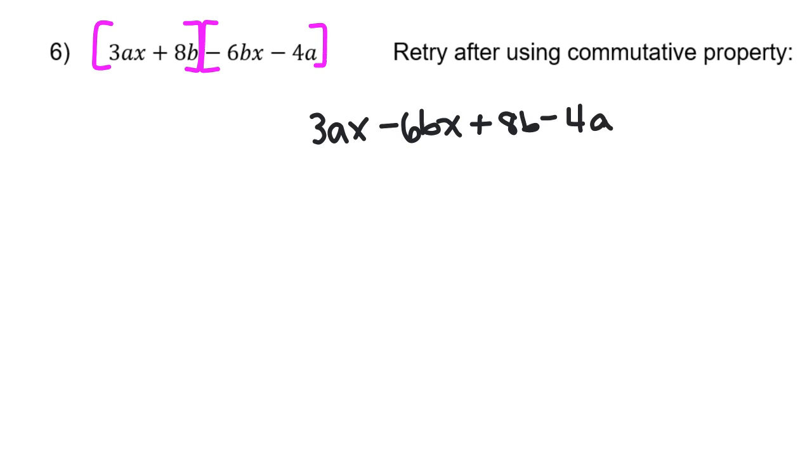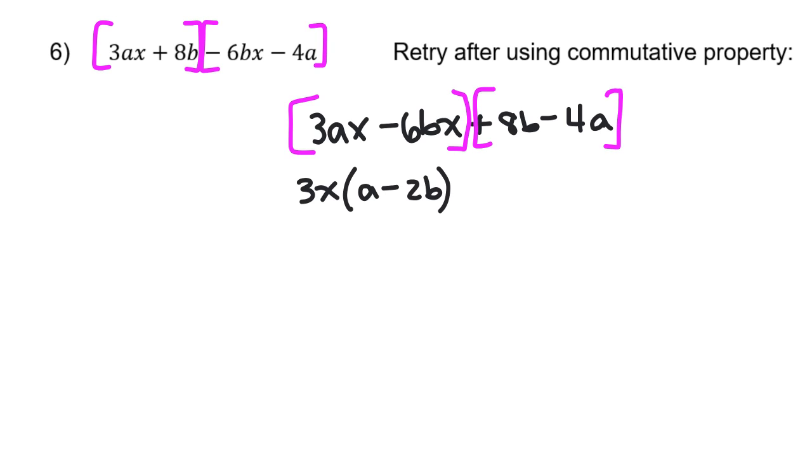Okay, so if we try grouping this time, the first 2 terms do have a common factor. We can factor out a 3 and an x. If we factor out 3x inside the parentheses, I would have a minus 2b. Okay, in the next term, we could factor out a common factor of 4.